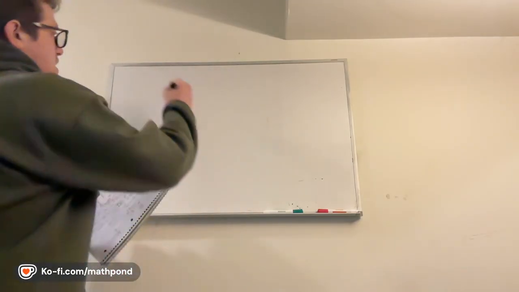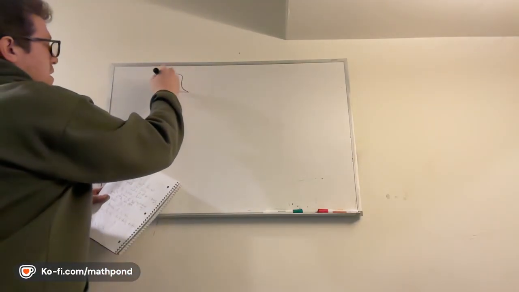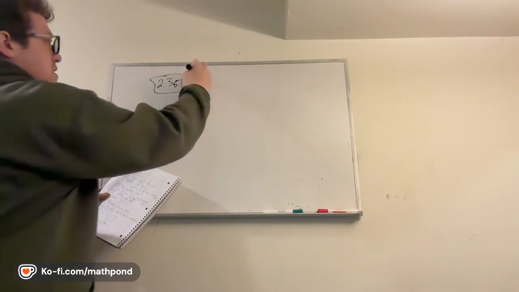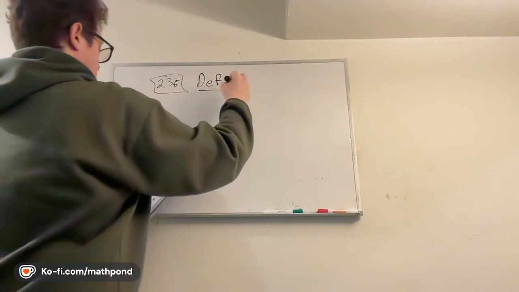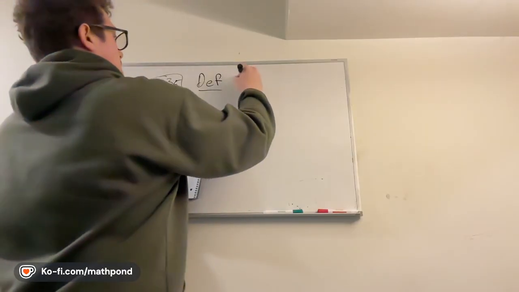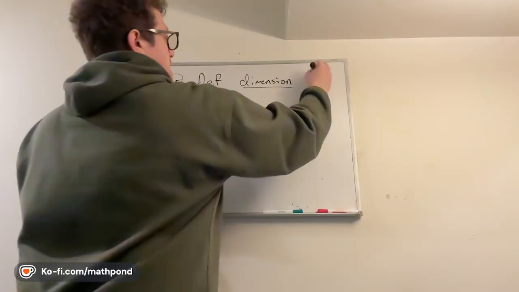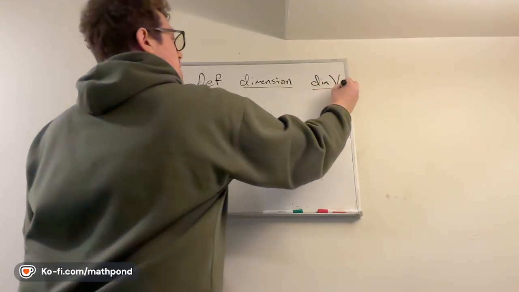Okay, so this is just statement 2.35, which just defines dimension. Or sometimes they write dim V, like that.